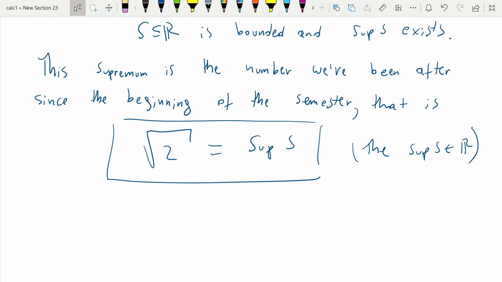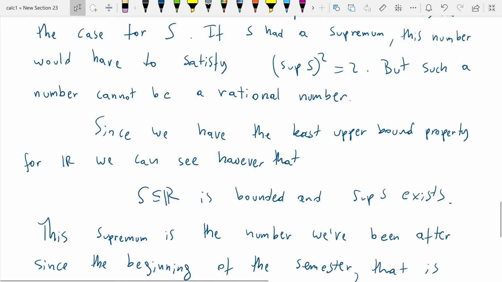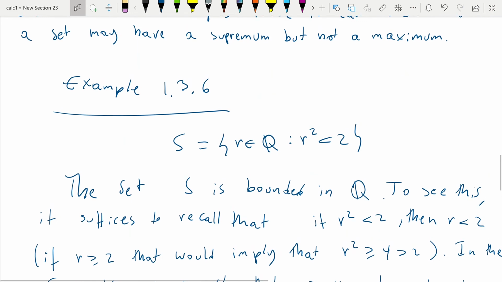And so that number that satisfies the very good property that its square is equal to 2 exists, and it extends to all positive numbers, not only positive rational numbers, but our definition of R. So the construction of R allows us to say that the square root exists for any positive real number, simply by replacing 2 by the real number that you want to compute the square root of.